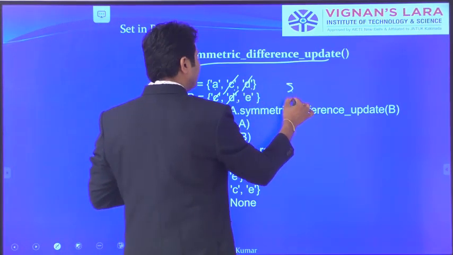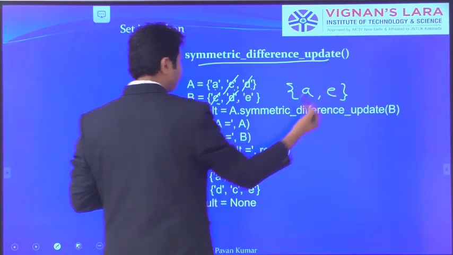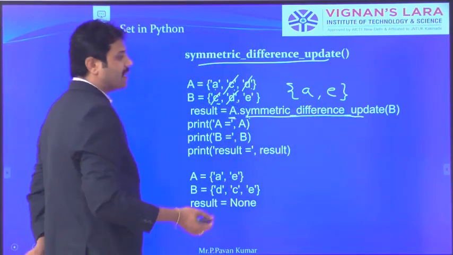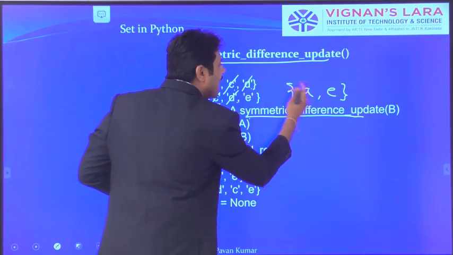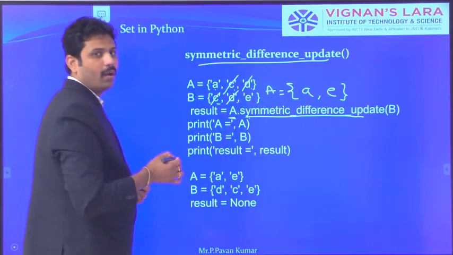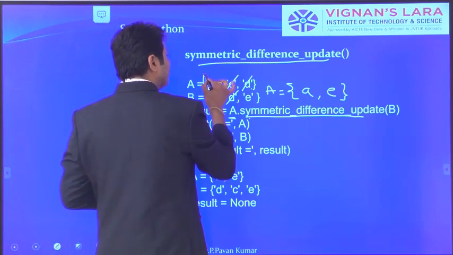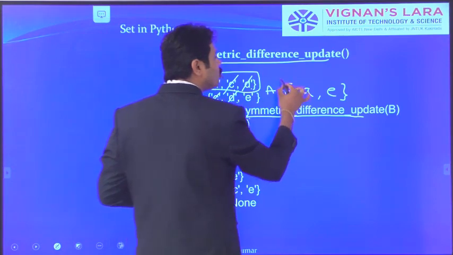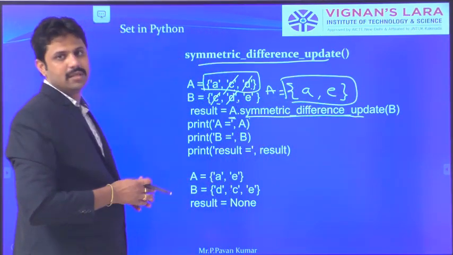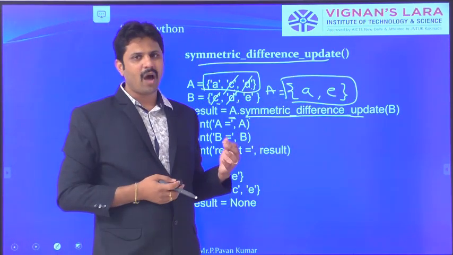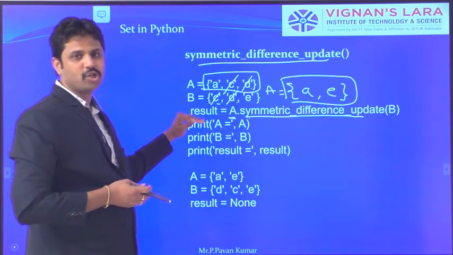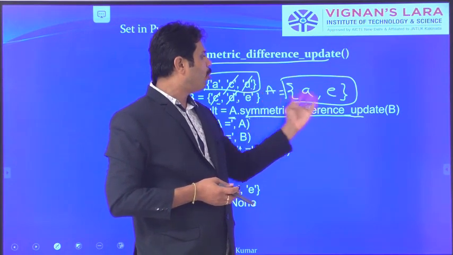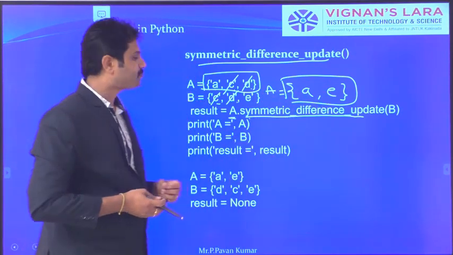Now your set contains A, E. A dot symmetric difference update means this set is assigned to A. Now the 3-valued set is going to be changed to a 2-valued set. If you call A now, after performing this operation, it gives the output A and E.